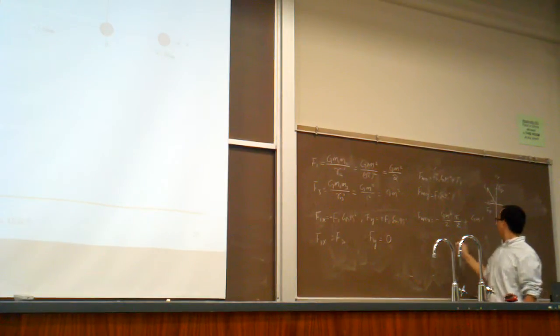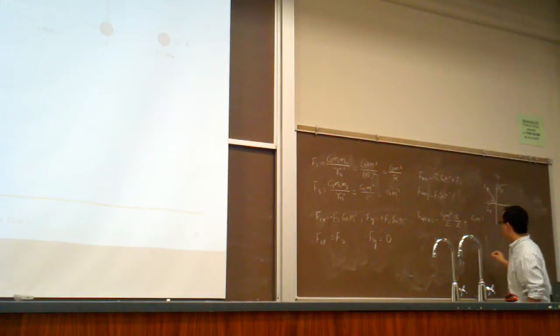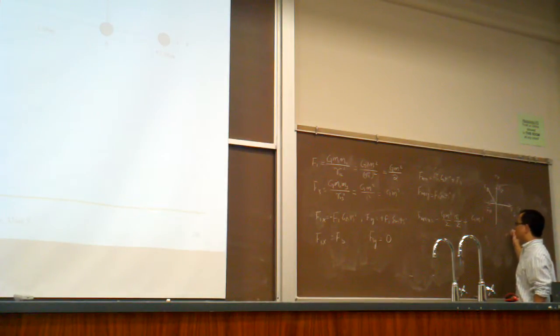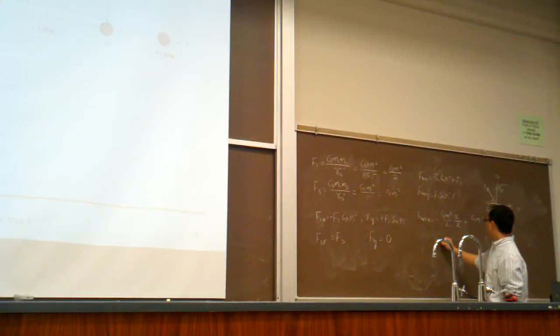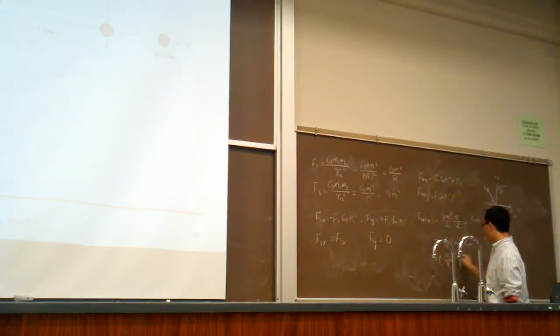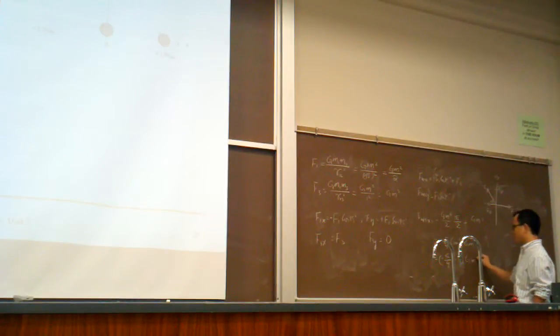Okay, and this will be negative square root of 2 over 4 GM squared plus GM squared, equals negative square root of 2 divided by 4 plus 1, multiplied by GM squared.